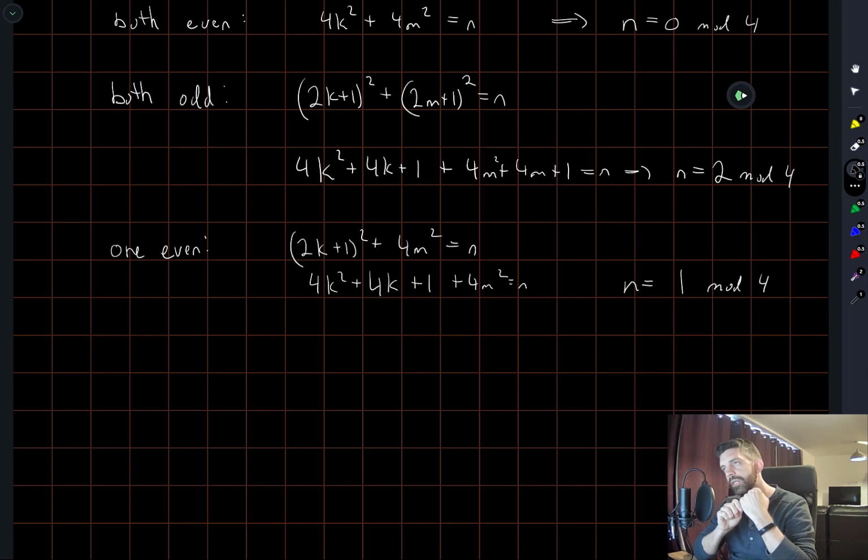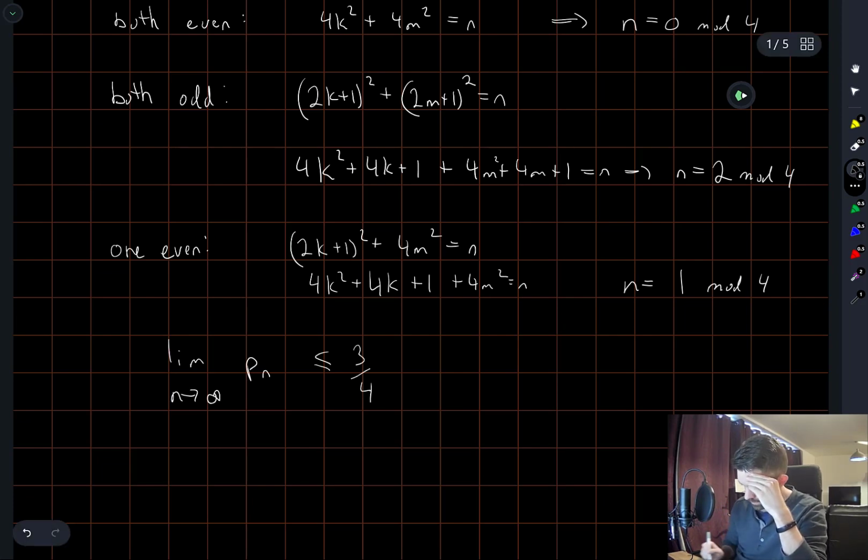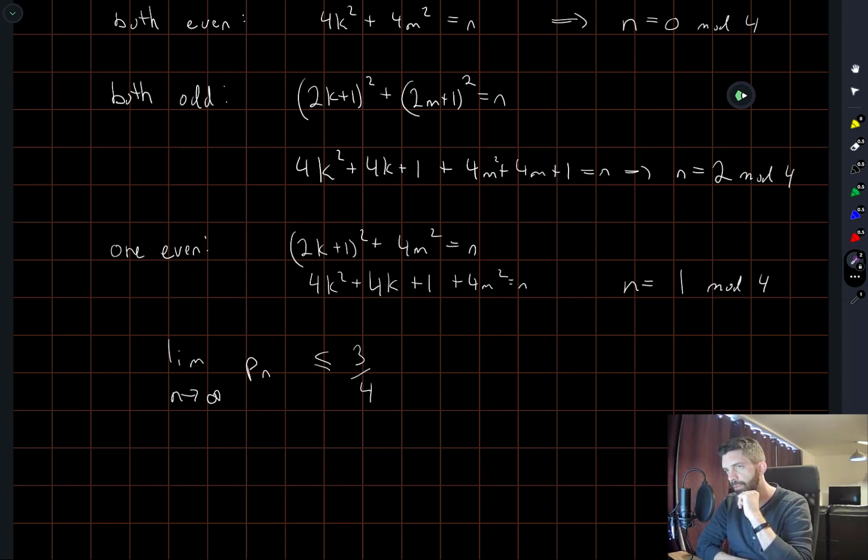So the proportion of numbers that can be written as a sum of two squares in the limit, at least, is bounded by 3 over 4. So if Pn is the proportion of numbers less than or equal to n that can be written as a sum of squares, then this should be true.